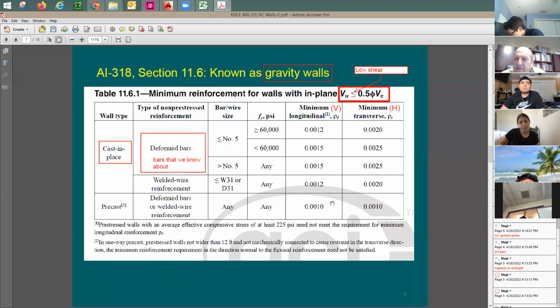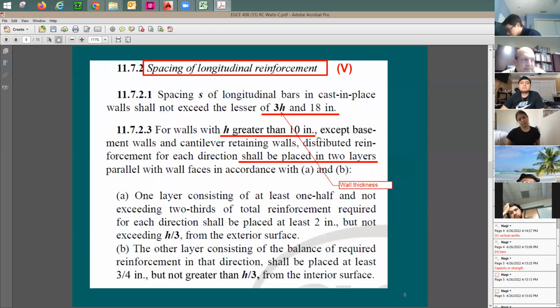This is just the minimum. If you remember when we were doing columns, we had 1% and 8%, minimum and maximum. But here it says minimum and this is not 1%. If you look at this number here, this means 0.12%. It's going to be a very small amount of steel that you put in a wall compared to a column.